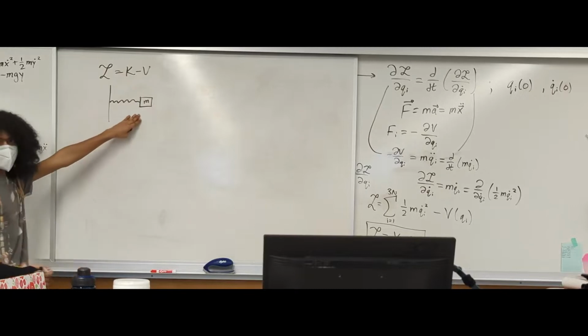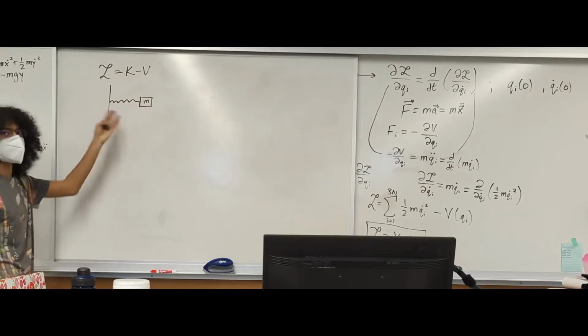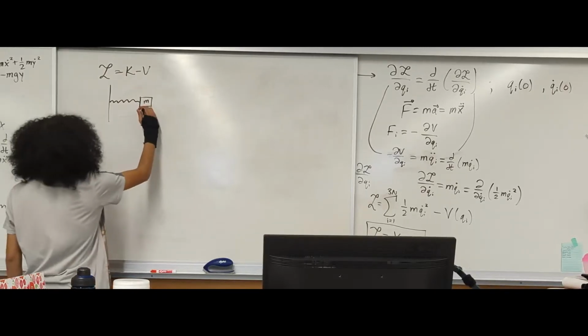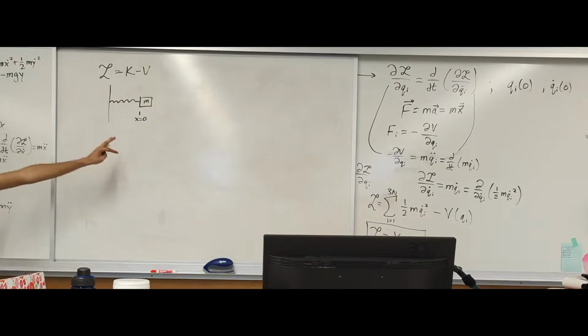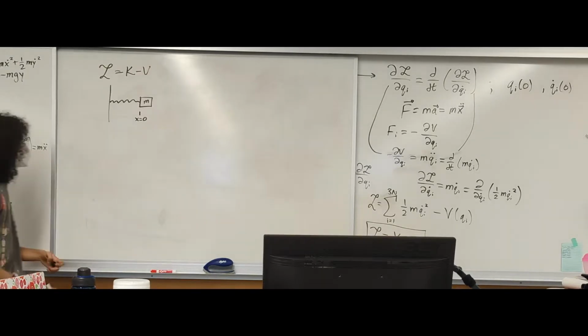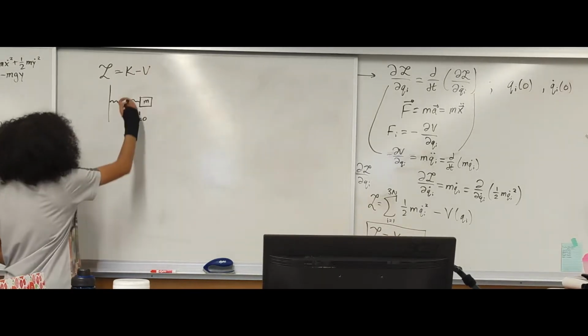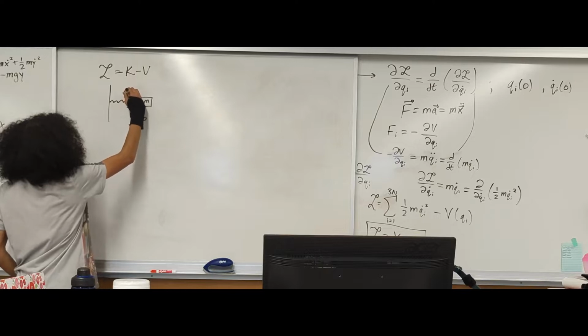Let's say it's at equilibrium, which in this case is the natural length, and we're going to call the equilibrium position 0. So you could think of x as being the stretch or compression length. So this spring has a spring constant k.